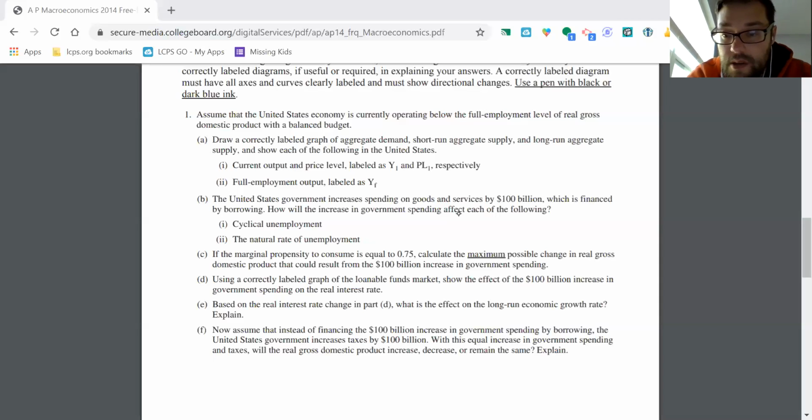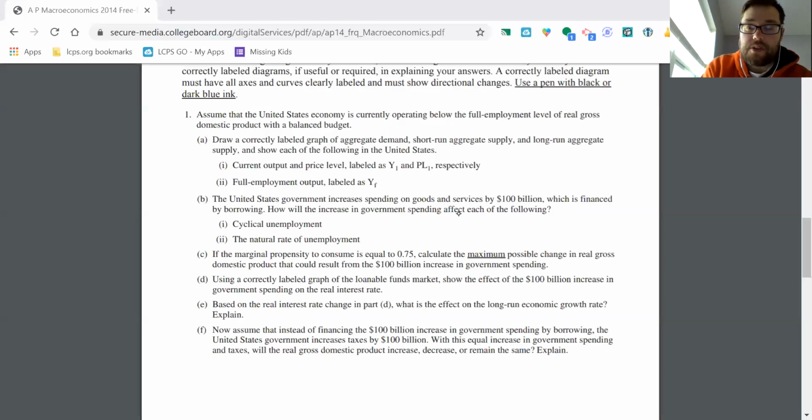In this case, we have 1 over 1 minus 0.75. So we got 1 over 0.25, which equals 4. So the spending multiplier is 4, and again, they highlight this, the maximum amount.